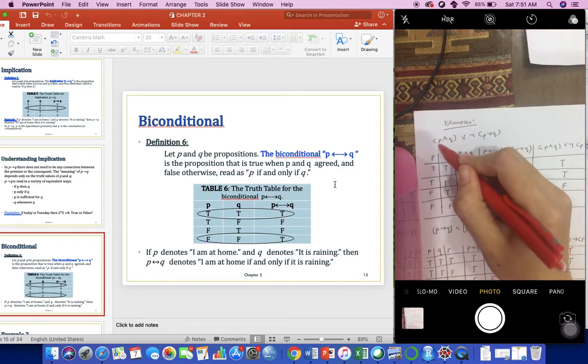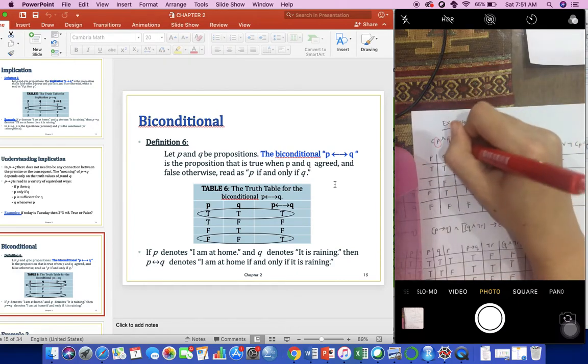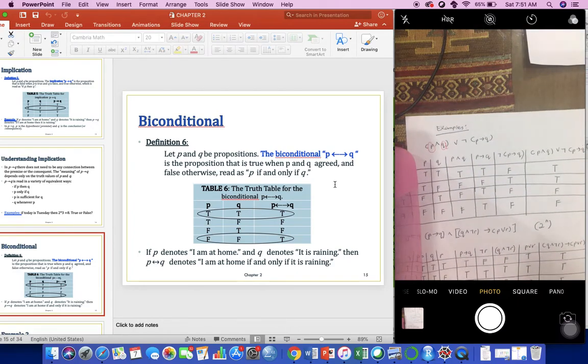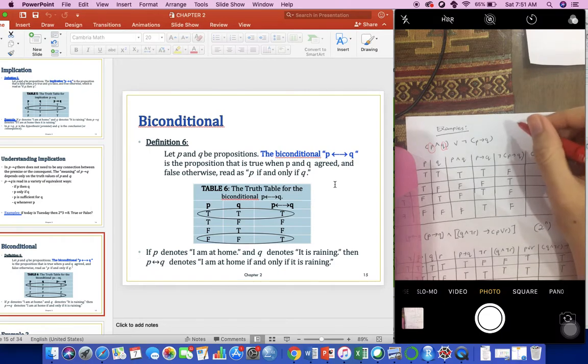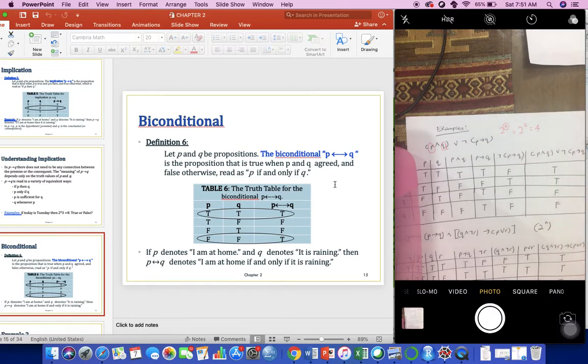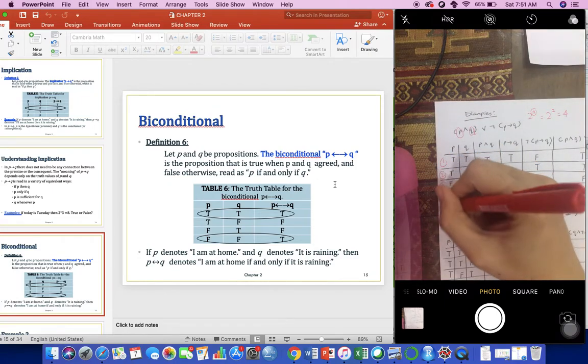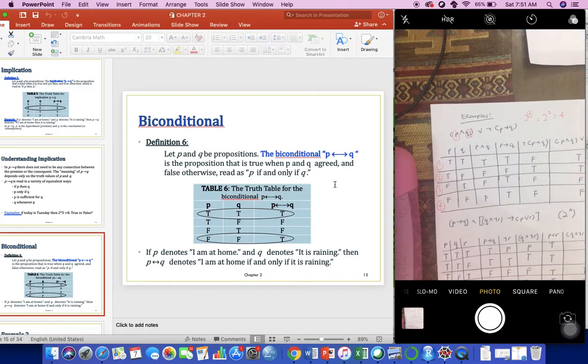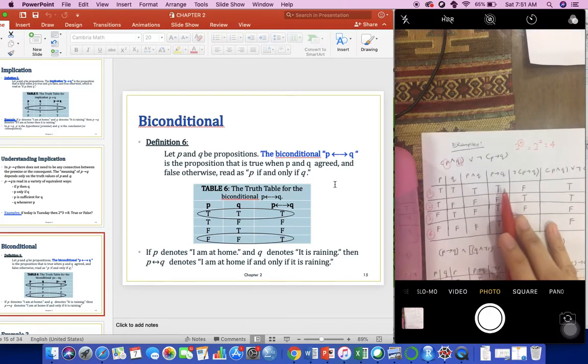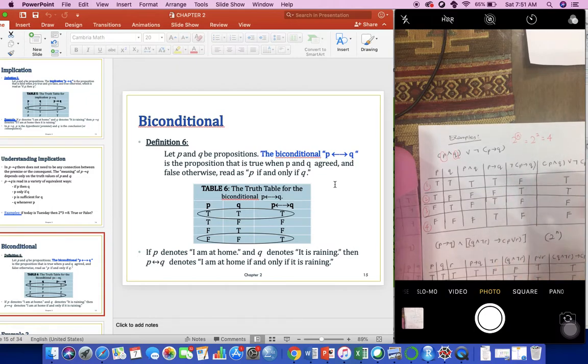We have P and Q only, so we use the formula 2 power of n. n here is 2, meaning we're going to have 4 rules here: 1, 2, 3, and 4. So for this one, you need to do this first.